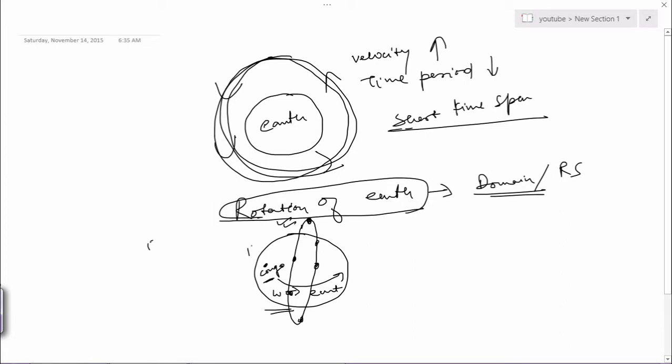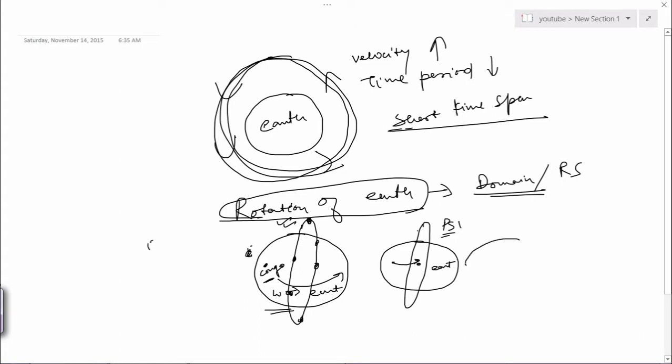Now after a certain period of time, as the Earth keeps on rotating, Congo is bound to come somewhere over here, right? And this will now be under the area of the polar satellite, because Congo along with the Earth has shifted towards the east.